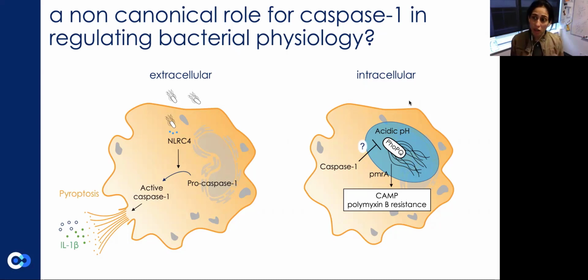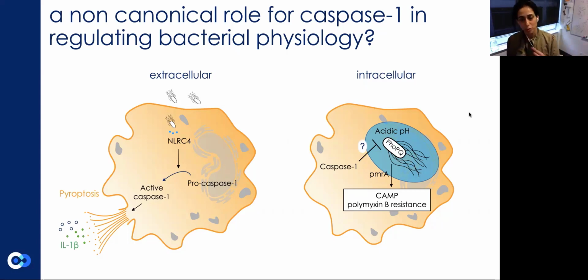Early on, you get pyroptosis within 30 minutes, at least in cell culture. And in vivo, we know pyroptosis is important for controlling bacteria. Mice that lack caspase-1 fail to resolve Salmonella infection. They have much higher bacterial loads. Apoptosis also occurs, but it occurs later in infection, and apoptosis is believed to be not as important as pyroptosis.